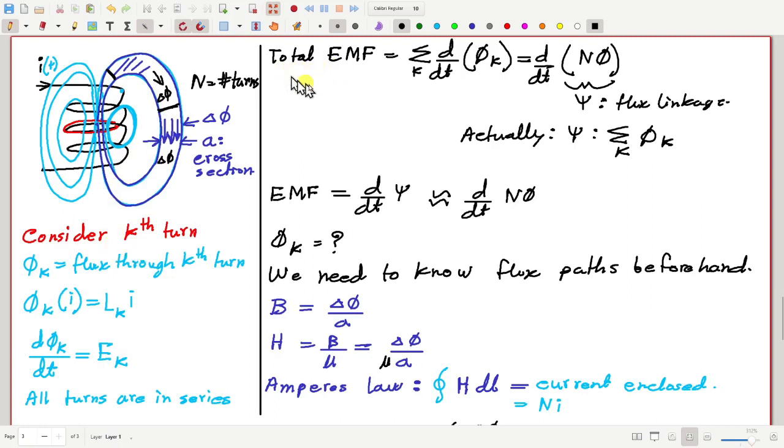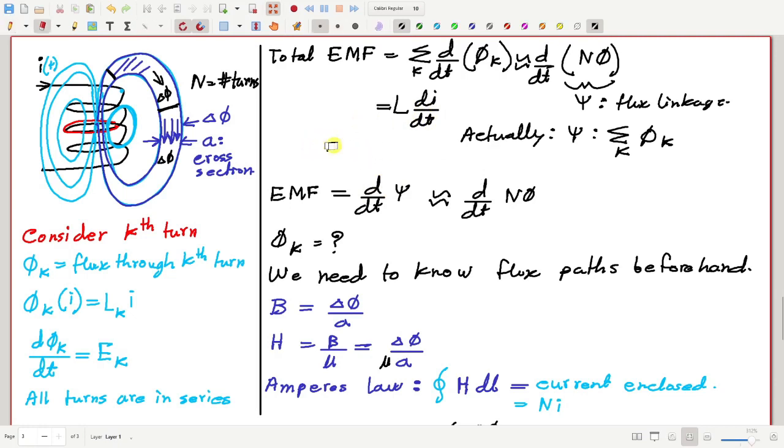Here we find that the EMF is given by, this is just an approximation, the sum of d/dt of phi k, and EMF is also equal to inductance multiplied by di/dt. Let me write here.